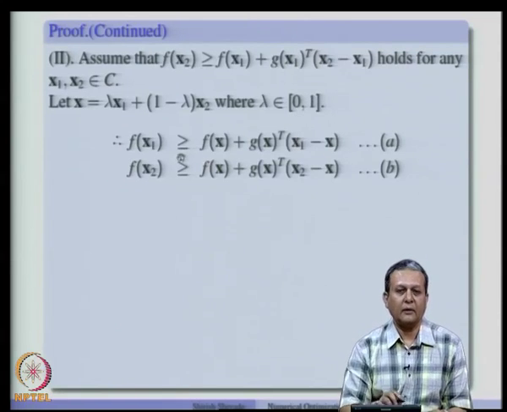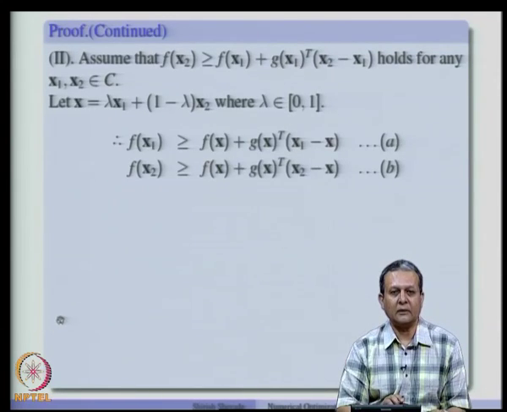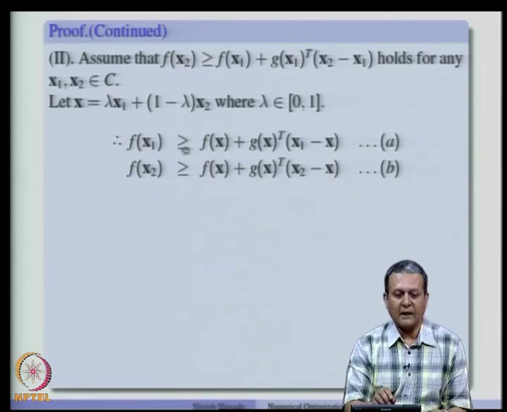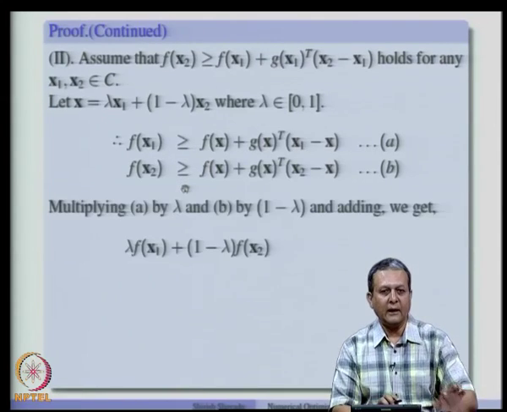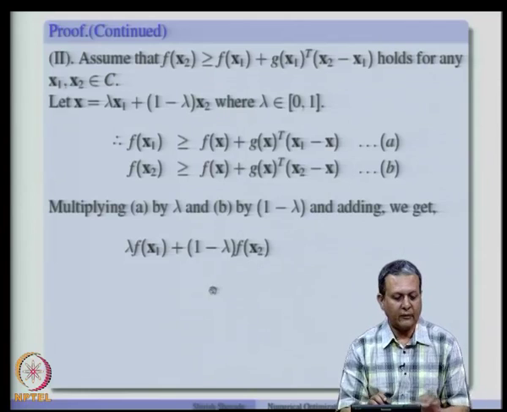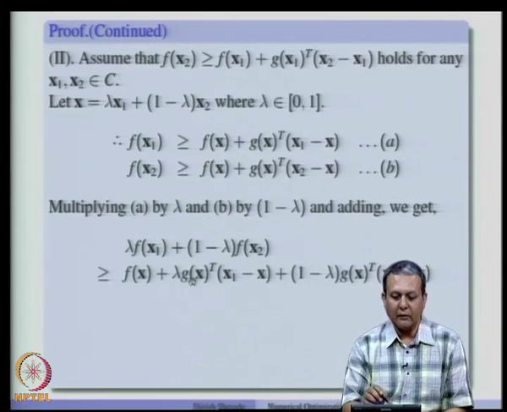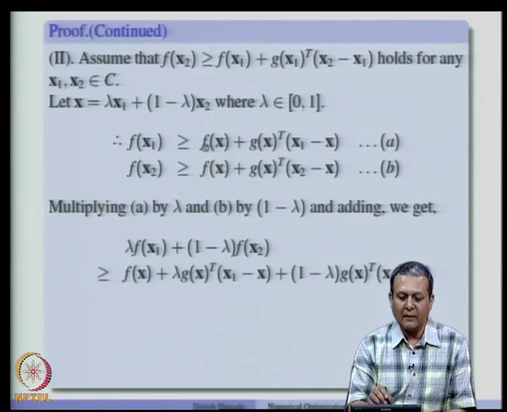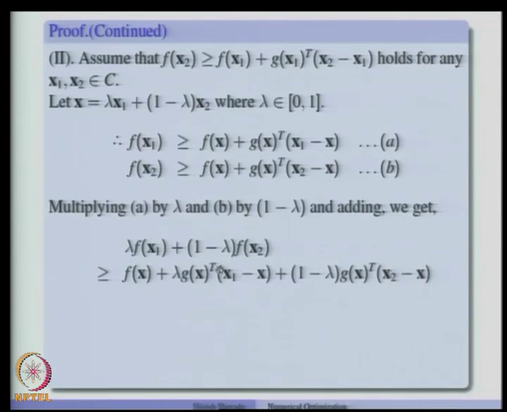Remember that lambdas are positive. So, the inequalities will remain as they are, and what we get by multiplying the first expression by lambda and the second expression by 1 minus lambda is lambda f of x1 plus (1 minus lambda) f of x2, and that is greater than or equal to lambda f of x plus (1 minus lambda) f of x, which makes it f of x, and then lambda gx transpose (x1 minus x) plus (1 minus lambda) gx transpose (x2 minus x).